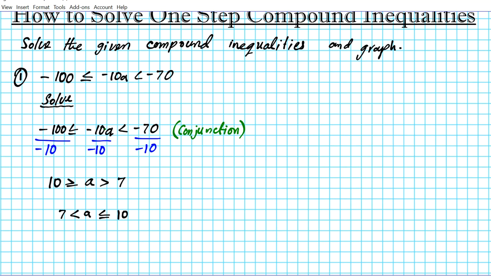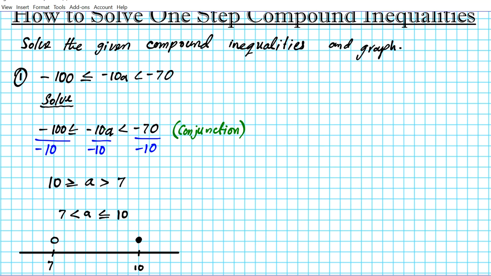Let's go ahead and graph it. So we have a is bounded between 7 and 10, with 7 excluded. Now, since this inequality doesn't have a line, it means 7 is excluded. This one has a line, which means 10 is included, so it's a closed circle.